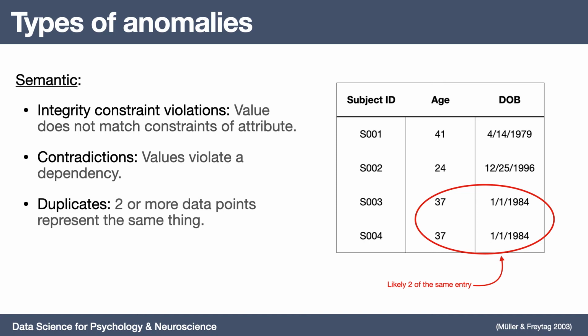It is very unlikely for 2 subjects to have duplicate date of births. It's possible, but statistically unlikely with small sample sizes. So in this case, this would be flagged as a potential duplicate error. You might have actually had the same participant twice. The duplicates really mostly consist of duplicates across rows, but you can see duplicates across columns as well.